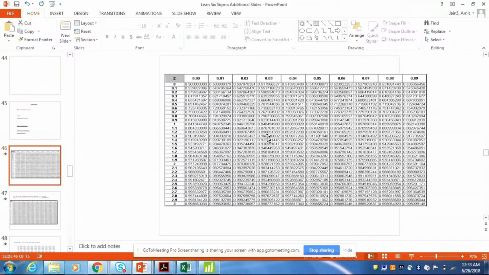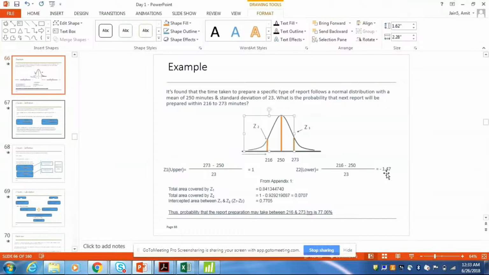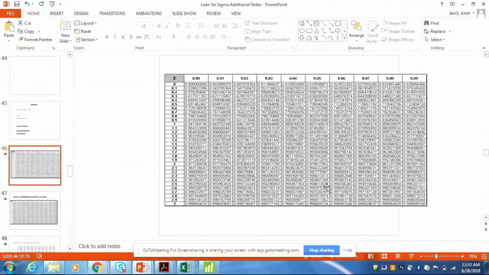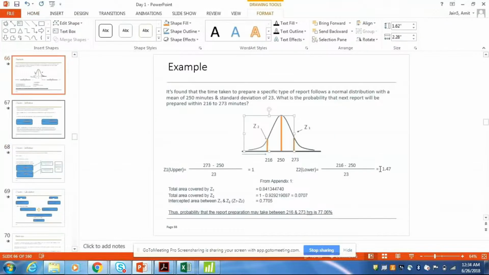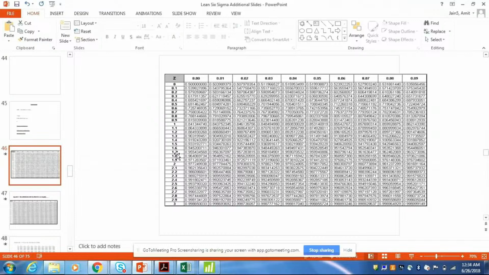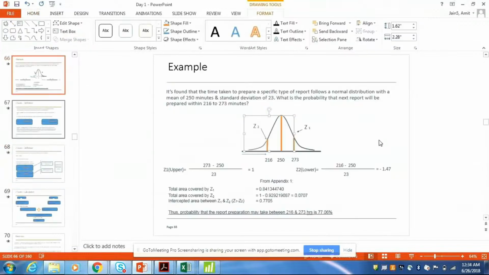We don't have minus 1.47 in the table, so we calculate 1.47 and deduct it from 1. 1.47 gives 0.9292. 1 minus 0.9292 is 0.0707.